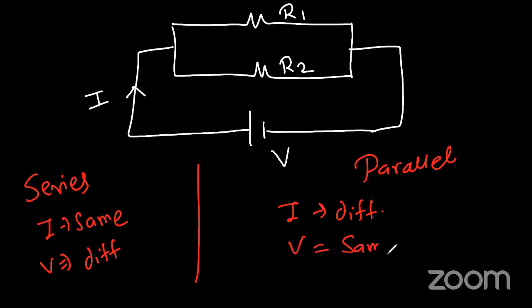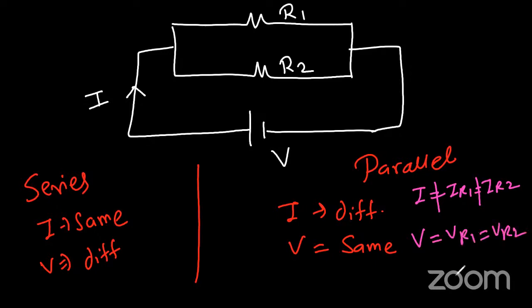Same. इसका मतलब क्या हुआ कि I is equal to IR1 is equal to IR2. This is not correct. ये different होंगे. V is equal to VR1 is equal to VR2. This one is correct. जो सीरीज में था उसका 180 डिग्री रिवर्स, उसका अपोजिट होगा, ऐसा उल्टा हो सकता है.